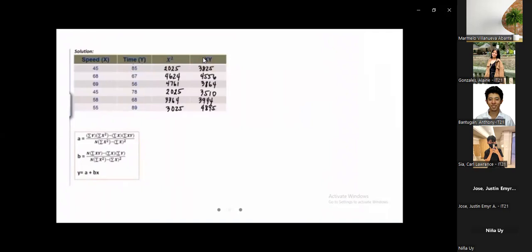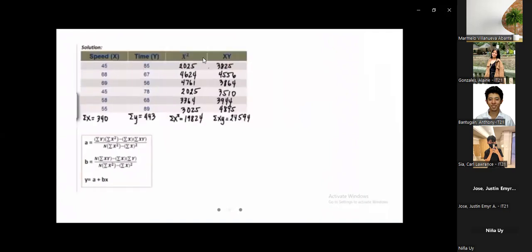Kukunin natin yung summation ng speed, time, x squared, and then xy. So, for the summation of speed, meron tayong 340. Summation of time, 443. Summation of x squared, 19,824. And summation of xy, 24,594.